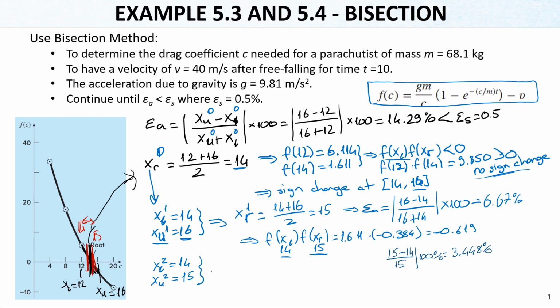With these we will calculate a new XR2, and it is 14 plus 15 divided by 2, 21 divided by 2 basically, and it becomes 14.5. And with this we can again calculate the EA, and for EA actually we don't need the XR value but the XL and XU values, 15.